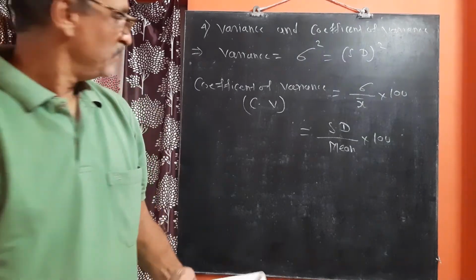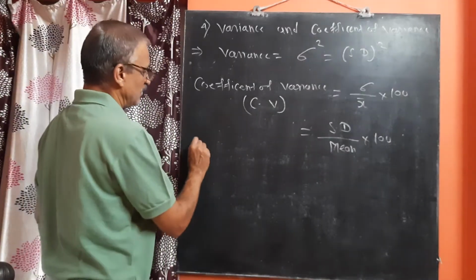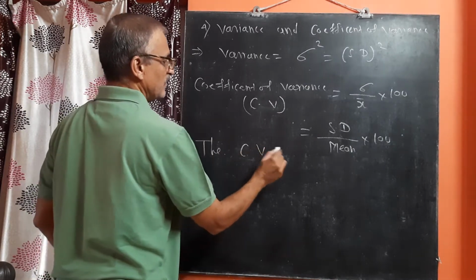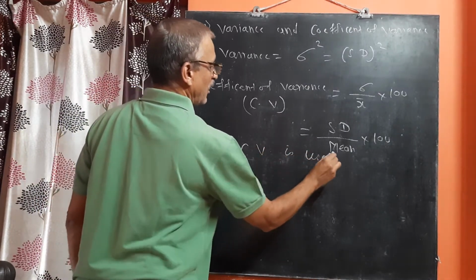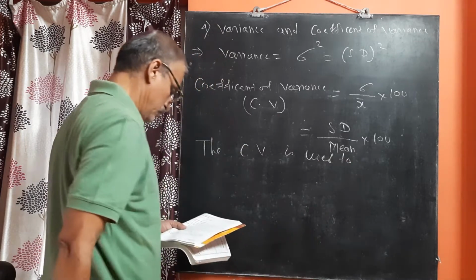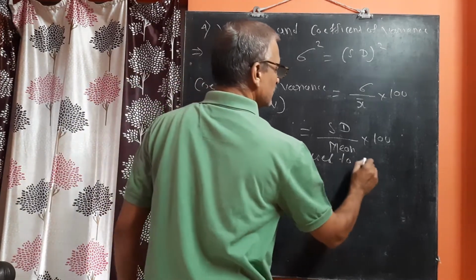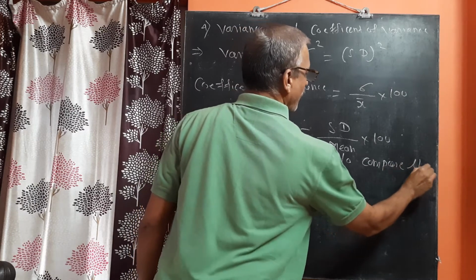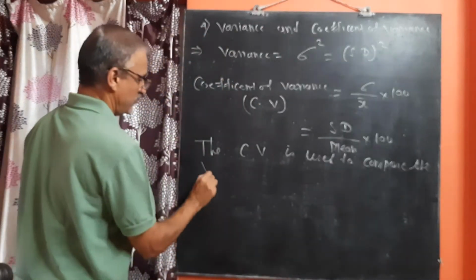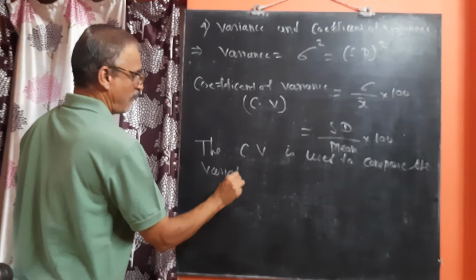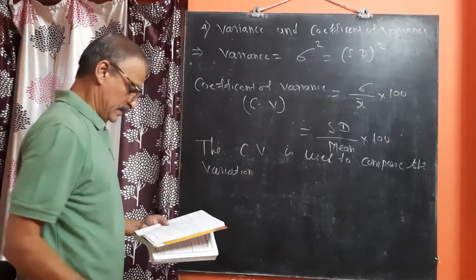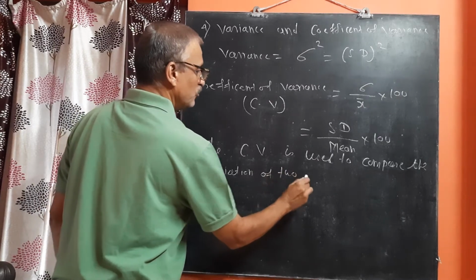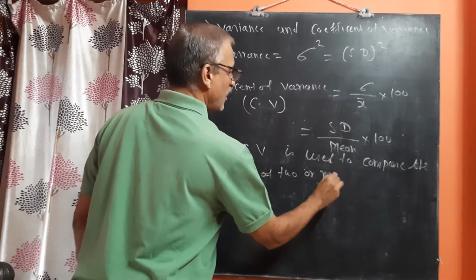So I write here the CV, that means coefficient of variation, is used to compare the variation of two or more sets.